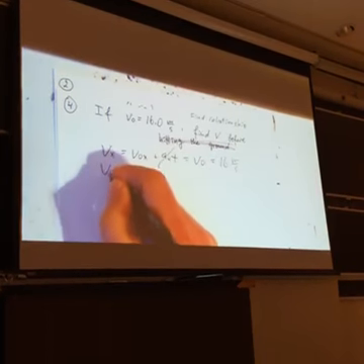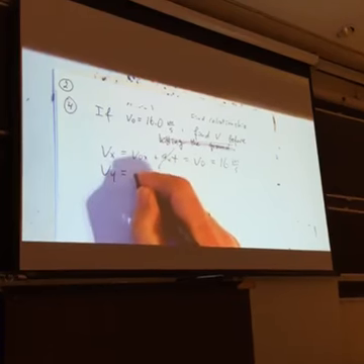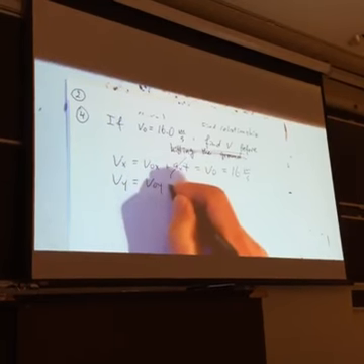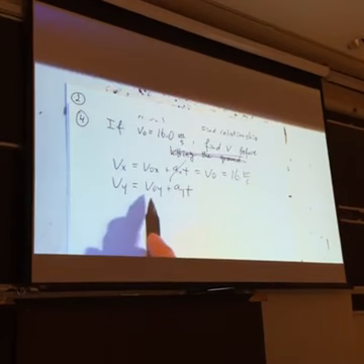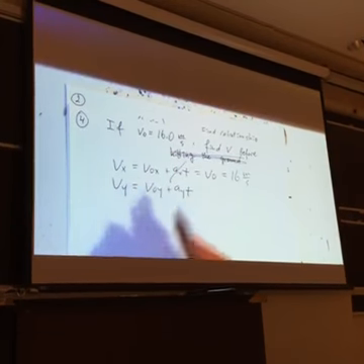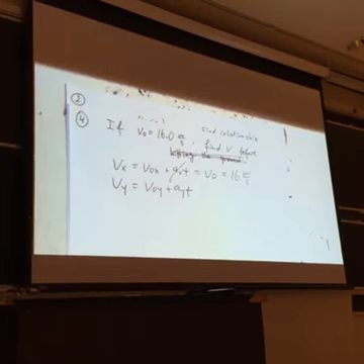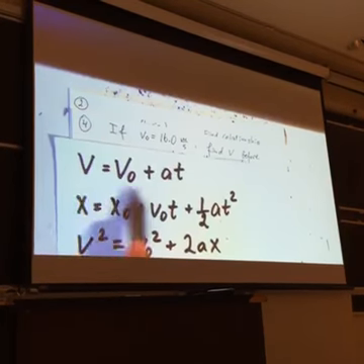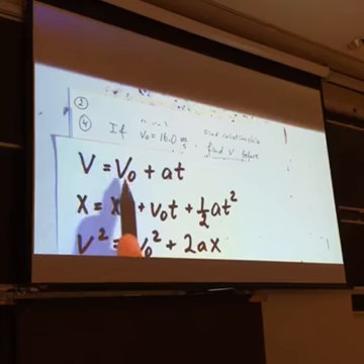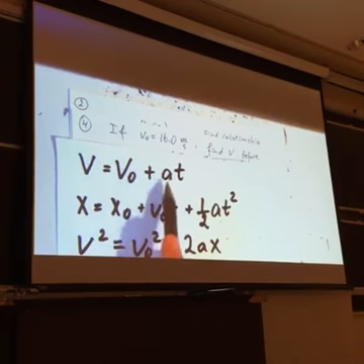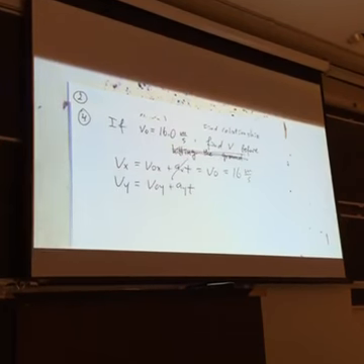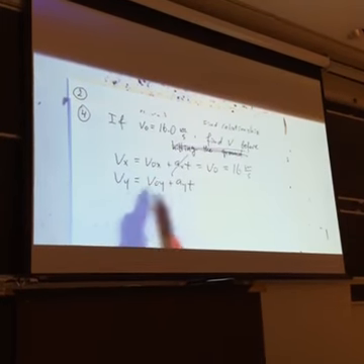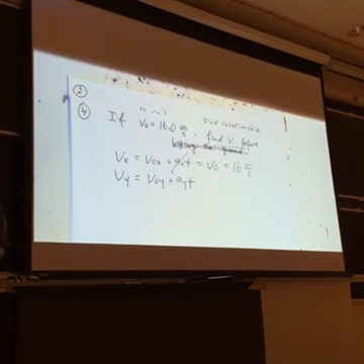Now, how about the y component of velocity? Y component of velocity is V0y plus ay t. Okay? Initial velocity plus acceleration times time. This is simply this first equation. Final velocity equals initial plus acceleration times time, written for x and y components. For x we are done. For y, there's another simplification.